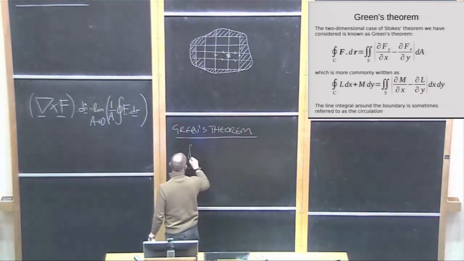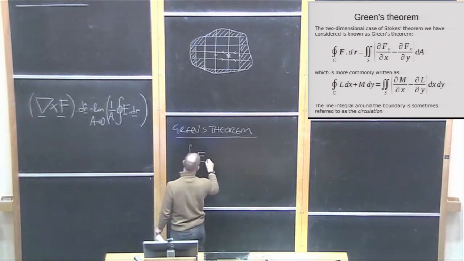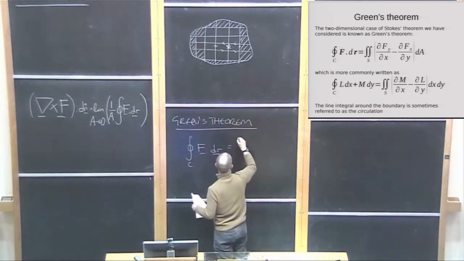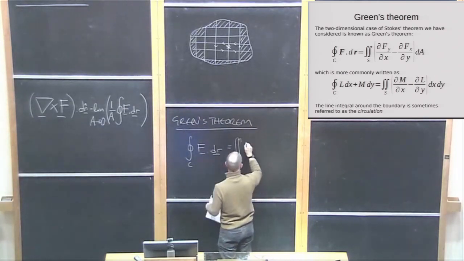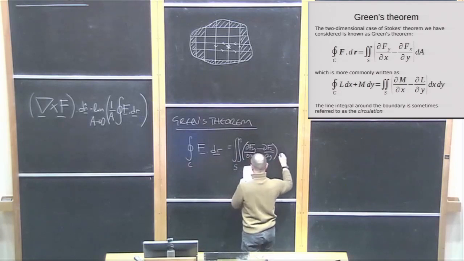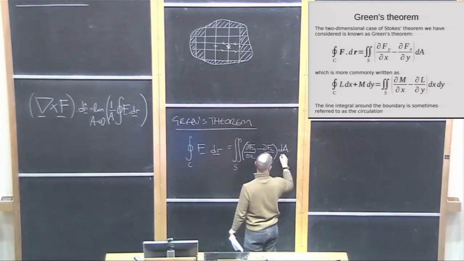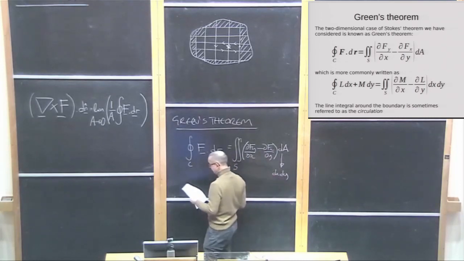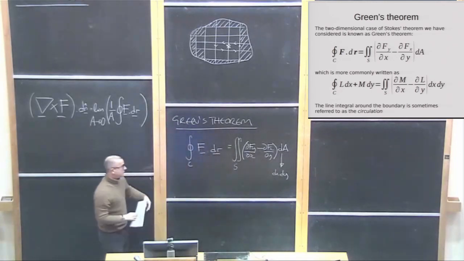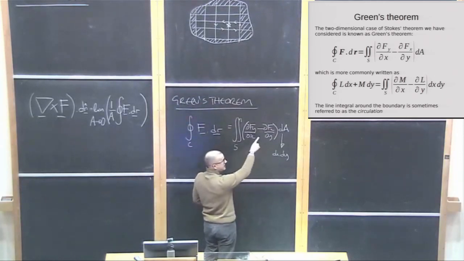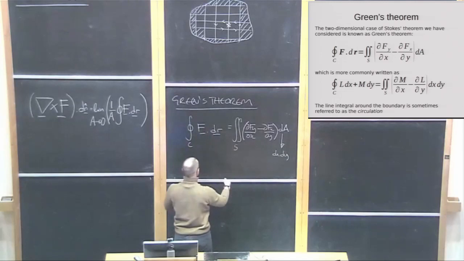So Green's theorem says that the line integral around C, the boundary of some open surface, is the surface integral of dfy by dx minus dfx by dy dA, and this dA would typically be dx dy if we're evaluating in the xy plane. And this is the expression we have just derived. So this is essentially Stokes' law in two dimensions, and this is the k component of the curl, the expression which we just derived.